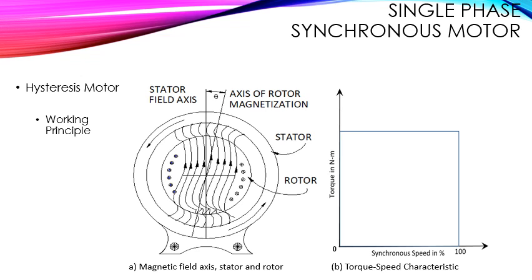Because the motor starts under the influence of hysteresis and eddy current torque, but finally attains synchronous speed. At synchronous speed, as there is no relative motion between the stator field and the rotor, there is no eddy current, and so no torque is developed due to the eddy current. That's why the hysteresis motor operates only due to the hysteresis effect, and that's why it is known as the hysteresis motor.